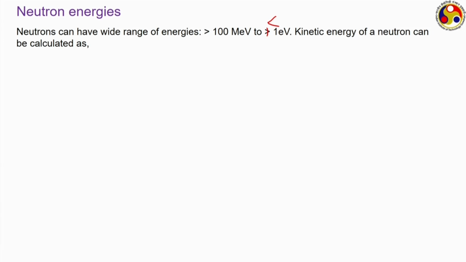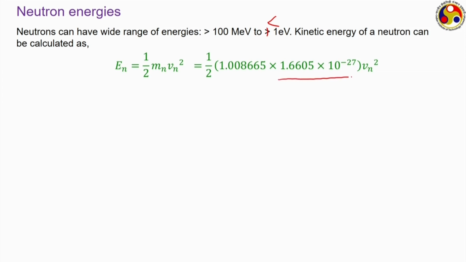Kinetic energy of the neutron can be calculated by the common formula, that is half m v square, where here m_n refers to the mass of the neutron and v_n is the velocity. Now, putting the values of the mass of a neutron, we know it is 1.008665 u multiplied by the conversion factor between AMU and kilogram.